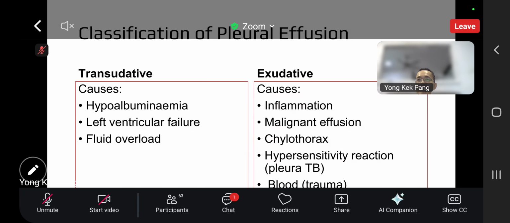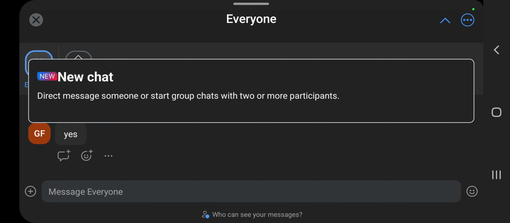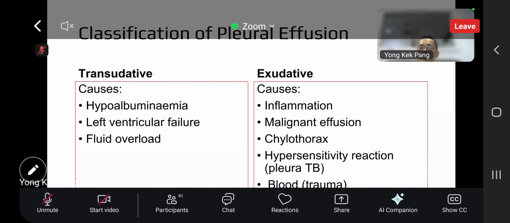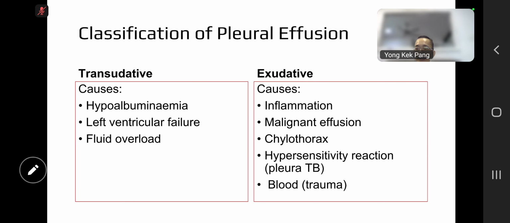Exudative is more representative of a local pathology, which include inflammation, malignant effusion, chylothorax, hypersensitivity reaction, which is pleural effusion, pleural TB, and if you identify blood, it's likely to be due to trauma.